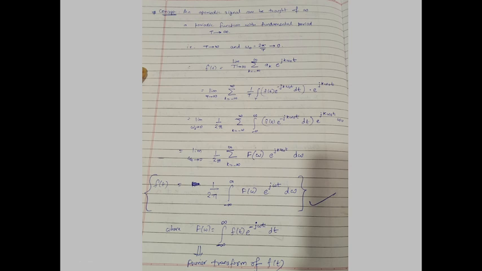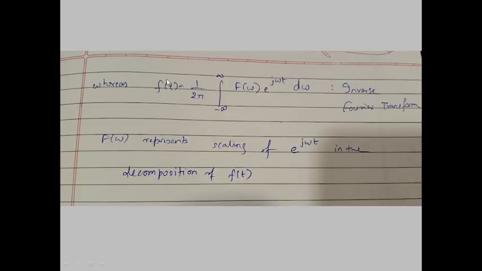Hence it is in some sense the frequency domain representation. And the representation of the aperiodic signal in terms of sinusoids is called the inverse Fourier transform, since it is the transformation from frequency domain to time domain.